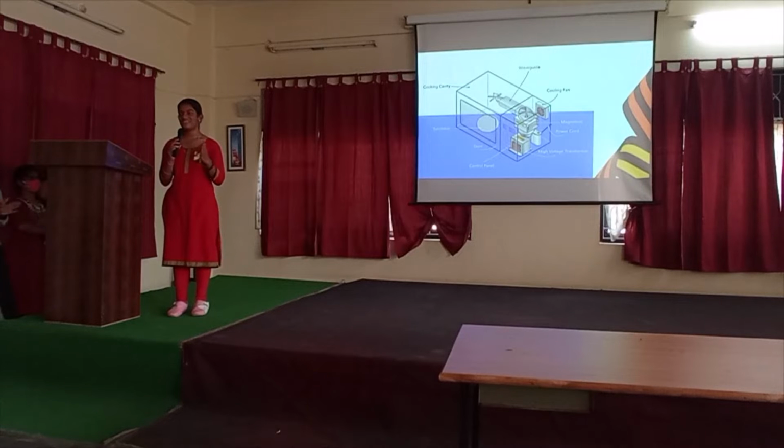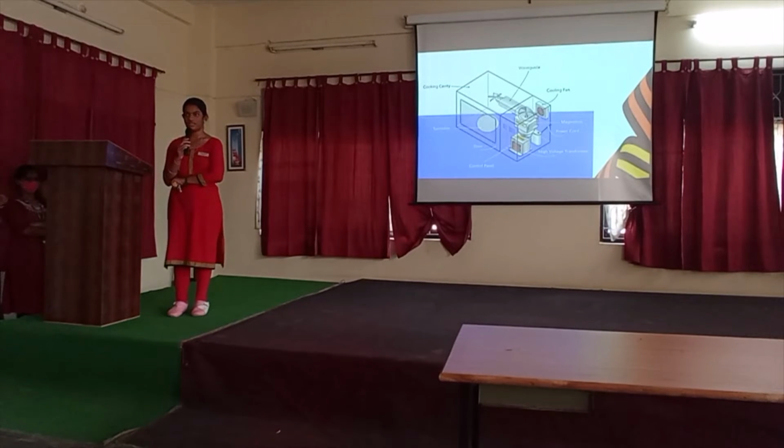I will count. 1, 2, 3, 4, 5, 6, 7, 8, 9, 10. Who rubbed their hands thrice? Only one. Okay, I will go a bit slower for you. 1, 2, 3, 4, 5, 6, 7, 8.